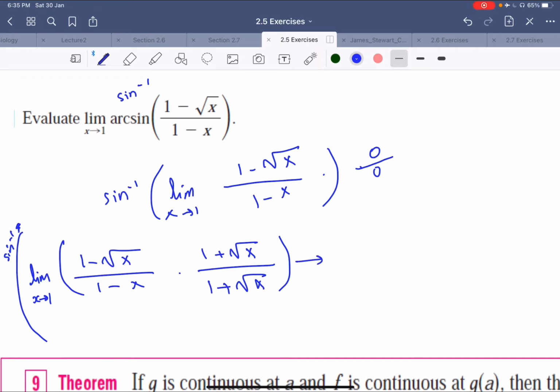So we multiply: first it would give us 1 minus x over 1 minus x times 1 plus root of x. And then we substitute again.